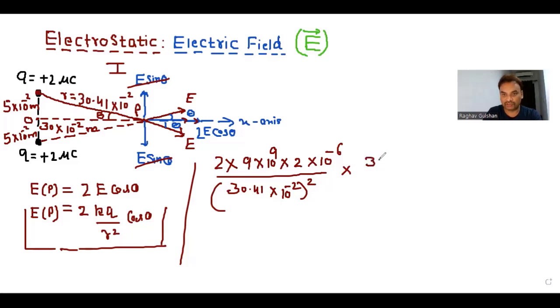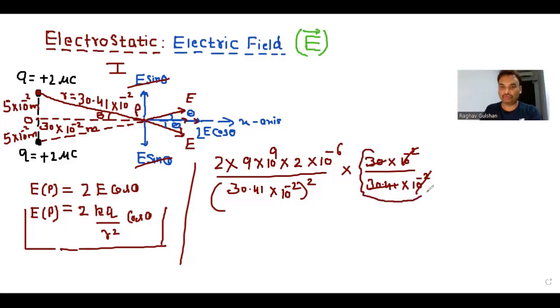So base is 30 multiply 10 to power minus 2, and hypotenuse is 30.41 multiply 10 raised to the power minus 2. So you see this 10 to power minus 2, this 10 to power minus 2, and this 30 will be cancelled by this 30. So approximately this value becomes nearly equal to 1.